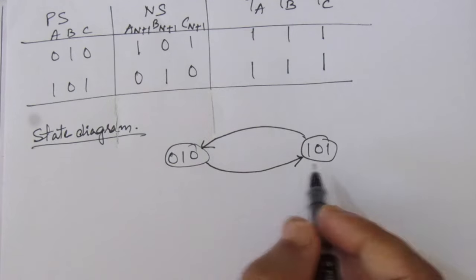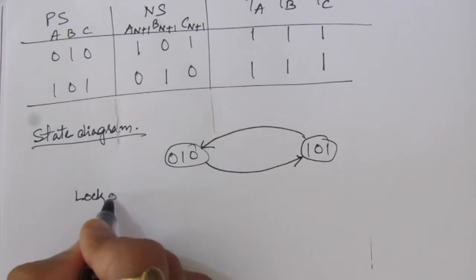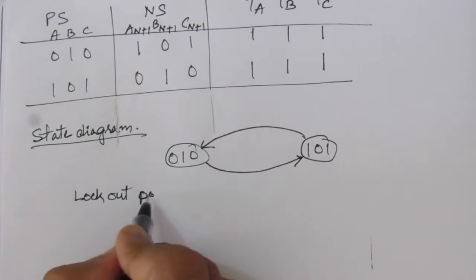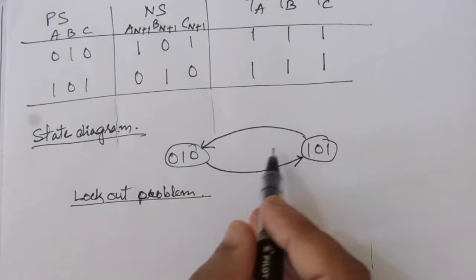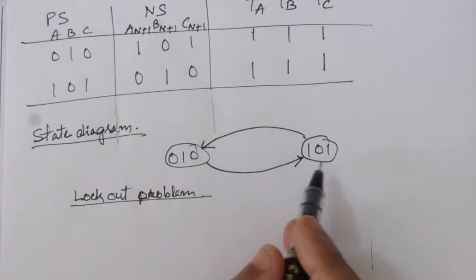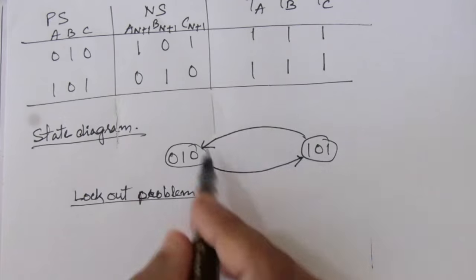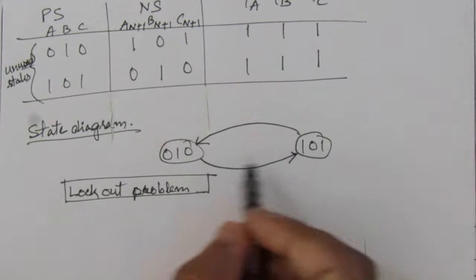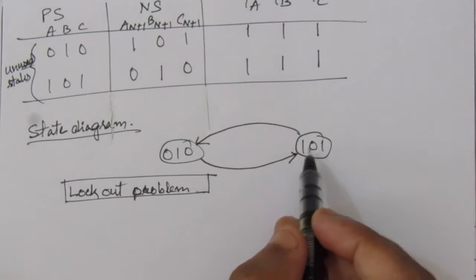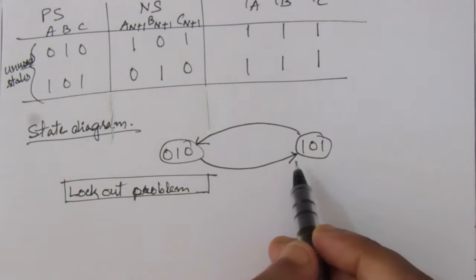This problem is known as the lockout condition or lockout problem. Whenever the counter output has any one of these states, it will be locked between these two states, 0, 1, 0 and 1, 0, 1. This is the state diagram.